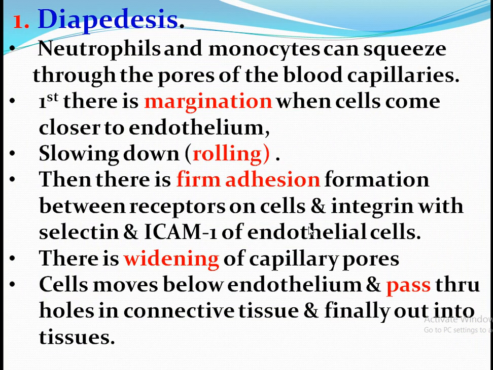So what happens? Neutrophils and monocytes can squeeze through the pores of the blood capillaries. First there is margination, when cells come closer to the endothelium. So what is margination, how does it occur and why does it occur?